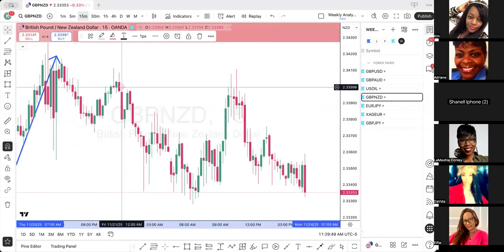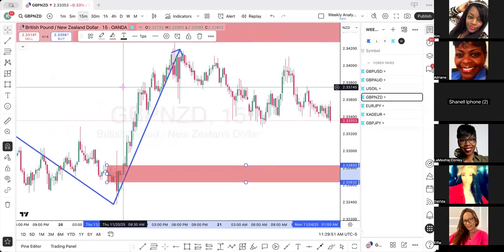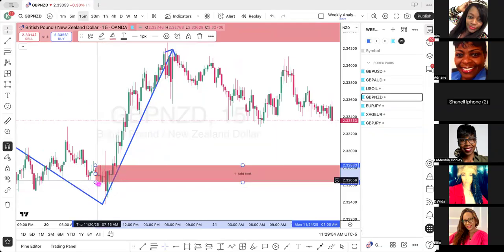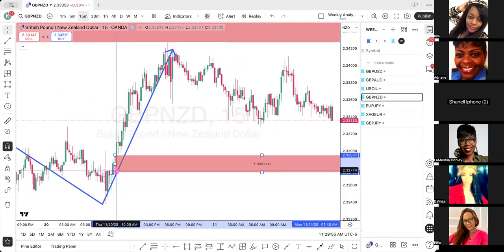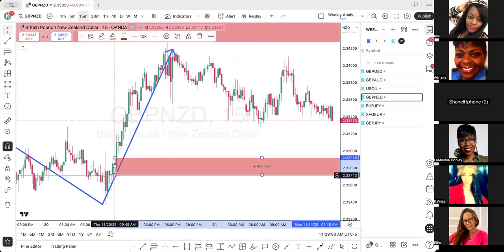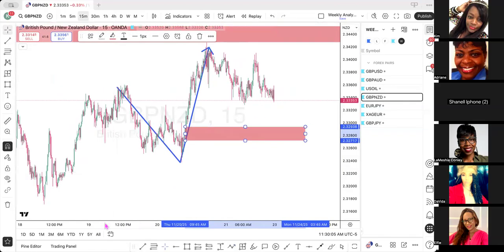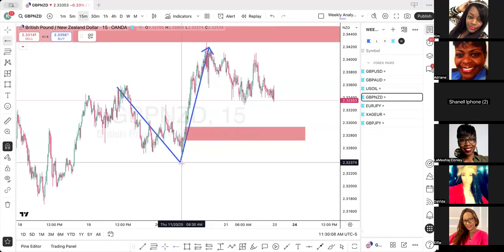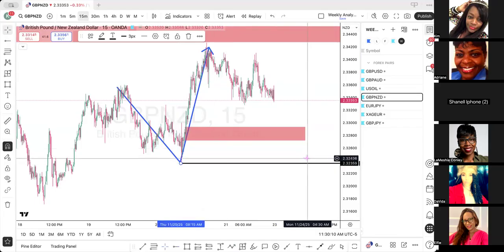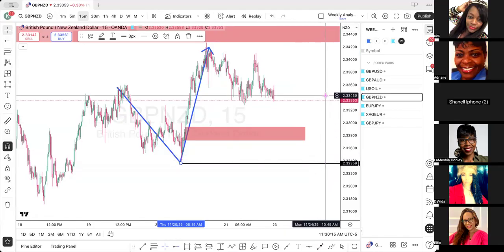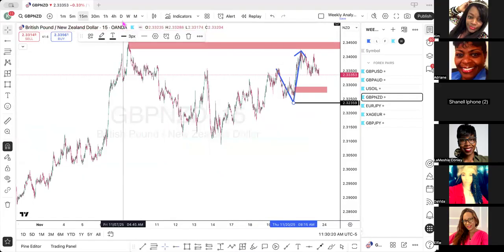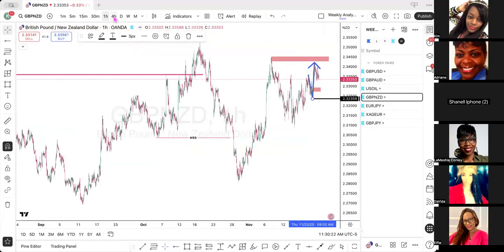And let's go to the 15-minute. So I would want to see price pull back into this zone before pushing back up or taking out this low, closing below this low to then look for the supply zone to sell from, to sell back down to, let's go down.